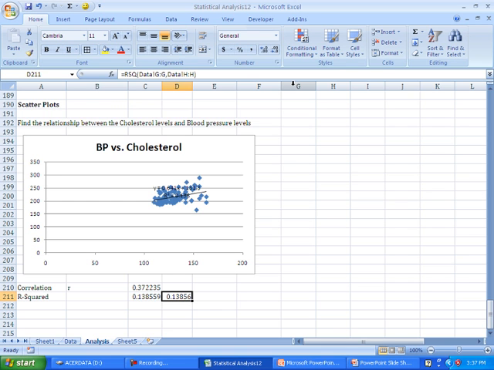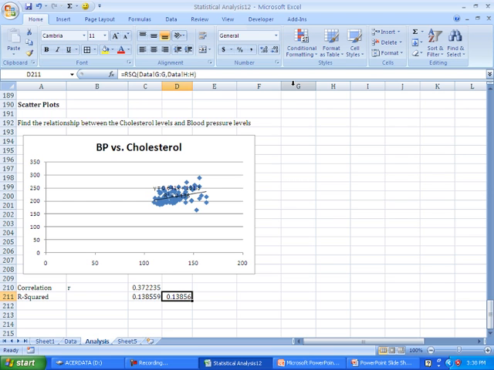Either I use the RSQ formula, or I find out the correlation first and then square it, or I go for a scatter plot and then put a trend line into the scatter plot. All these things will give me the relationship between the two scale variables altogether.